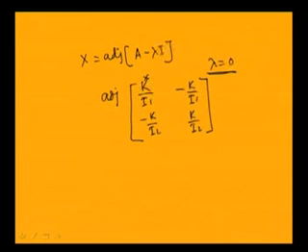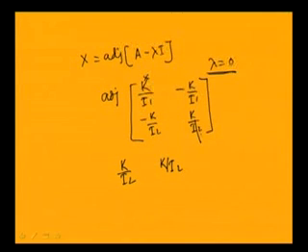For this position, it will be negative, suppressing this row and this column, so minus becomes plus and this becomes k by I2.